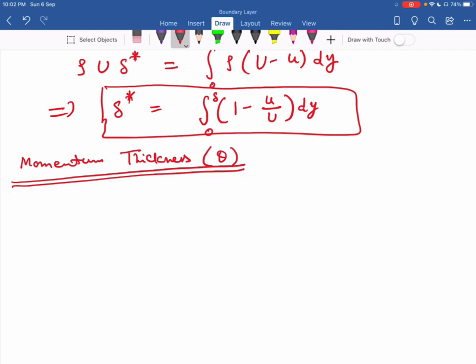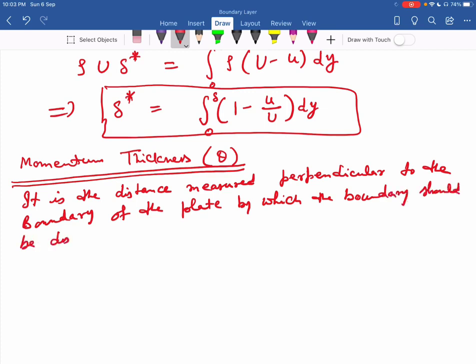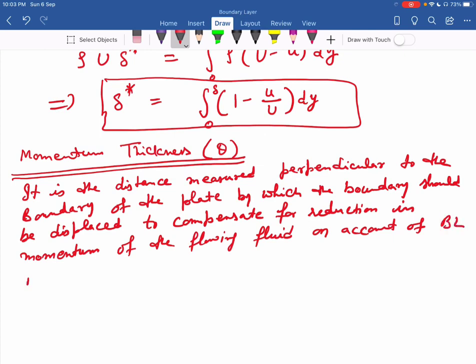If I write the definition, it is the distance measured perpendicular to the boundary of the plate by which the boundary should be displaced to compensate for the reduction in momentum of the flowing fluid on account of boundary layer formation.